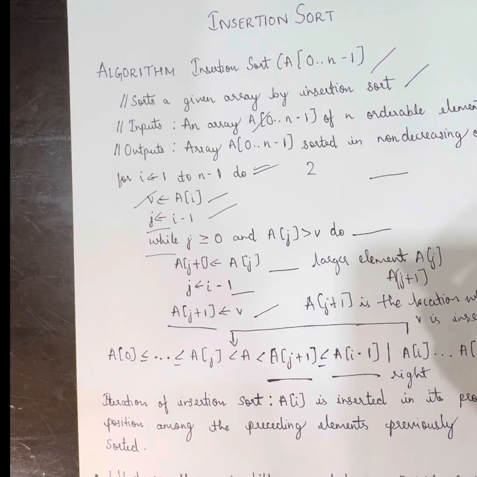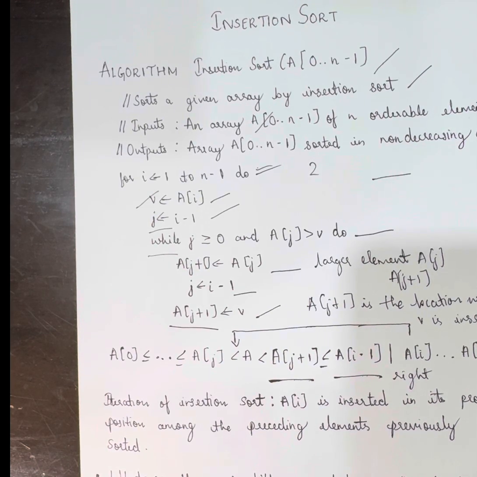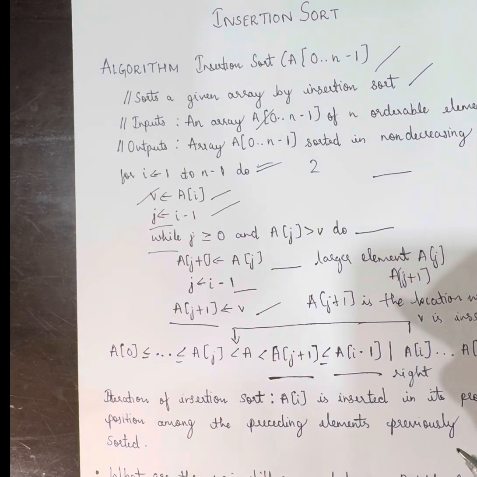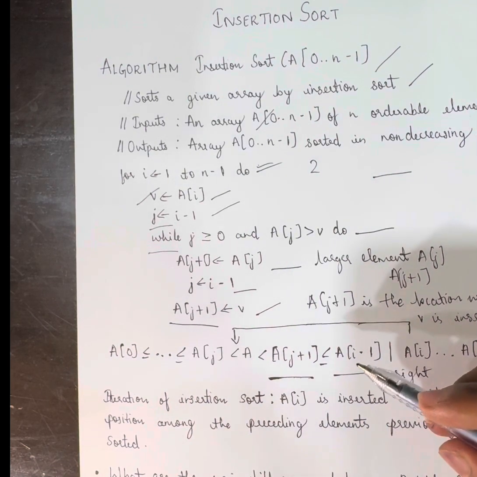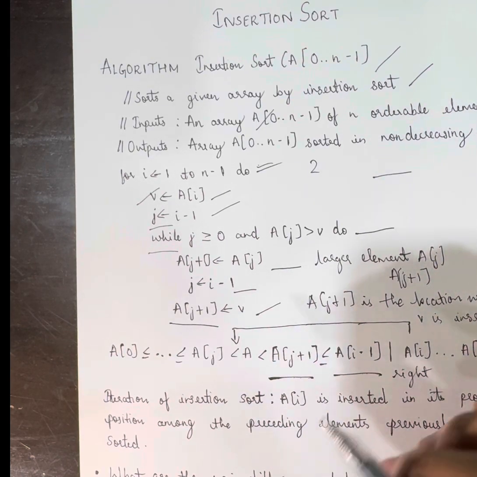Bubble sort is a comparison based sorting algorithm where we swap adjacent elements if they are not in order. Insertion sort constructs the final sorted list by moving one element at a time.